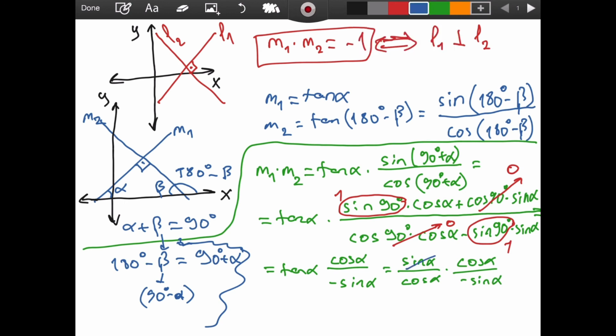Sines cancel, cosines cancel, we are just left with a negative sign, so this is equal to negative 1. What is equal to negative 1? Well, the product of the slopes. So we proved that if we have two lines that are perpendicular to each other, then their slopes give negative 1 when we multiply them together.